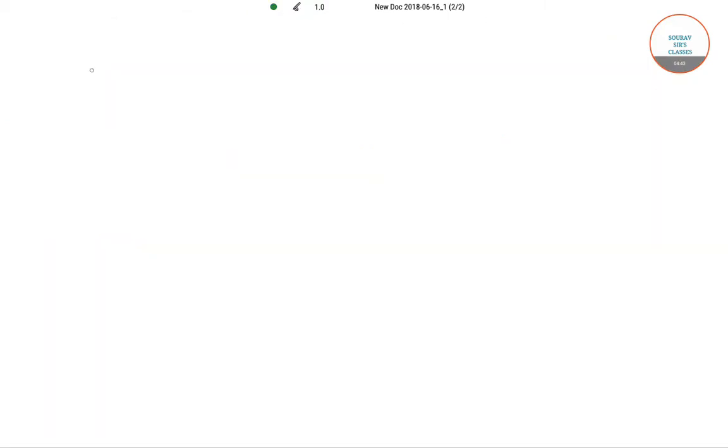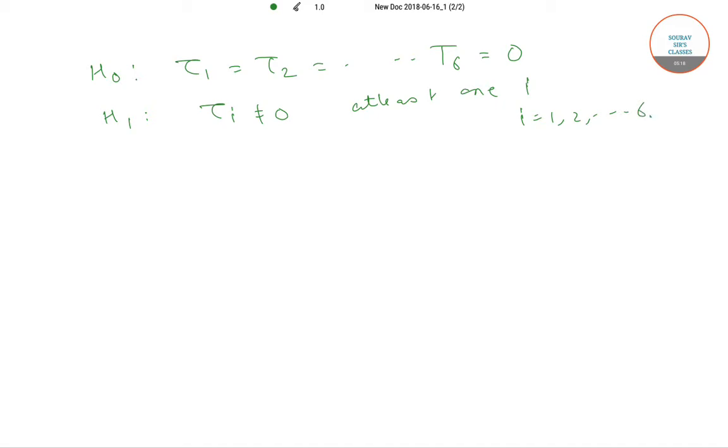So we would have our H naught, the null hypothesis, as tau 1 equals tau 2 equals so on till tau 6 equals 0. That is, there is no significant difference among the nitrogen fertilizers with respect to stem nitrate, and this null hypothesis will be tested against the alternative hypothesis, that tau i is not equal to 0 for at least one i, where i goes from 1 to 6.